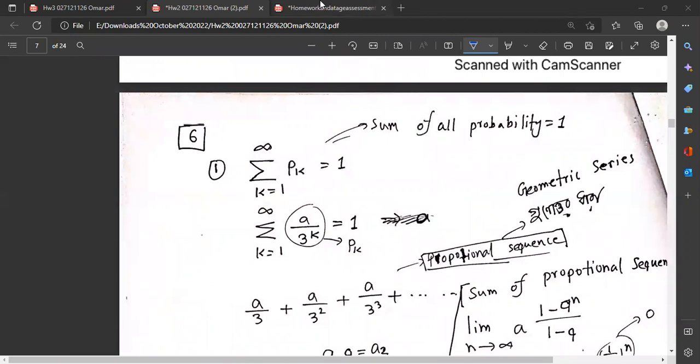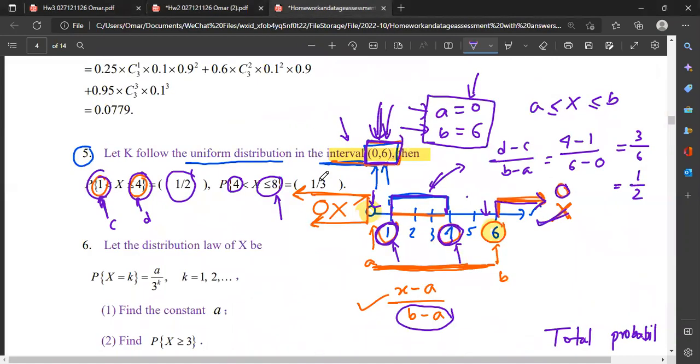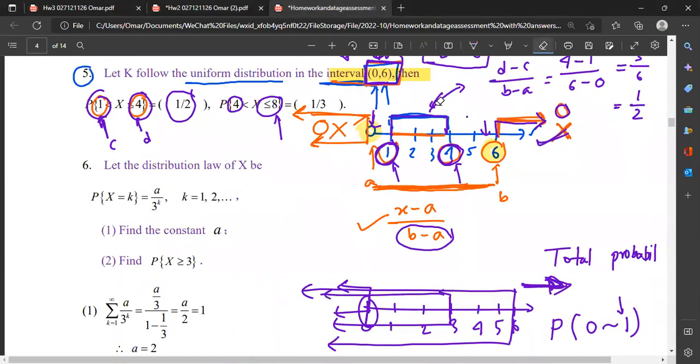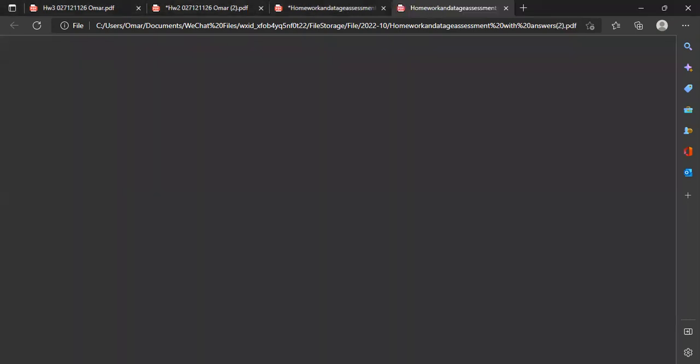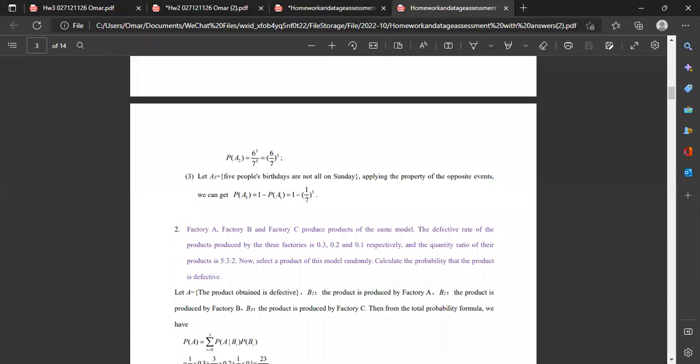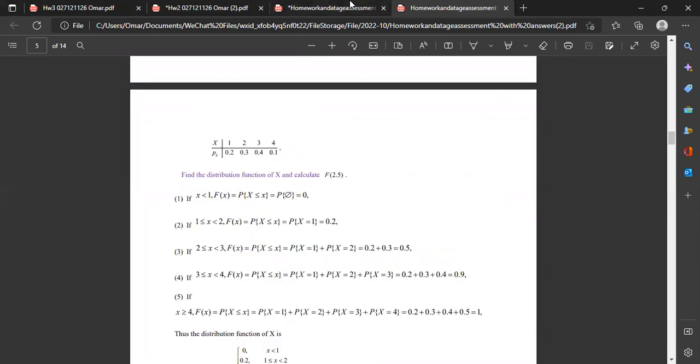So the next part here, number 6. Maybe it's easier to open a new file. Page number 4.